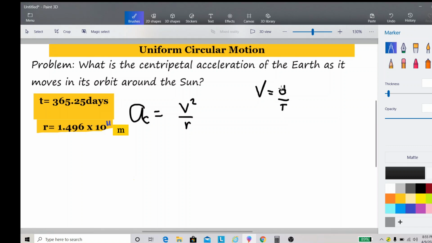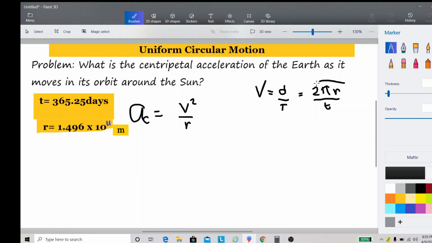Ano naman itong displacement na to? Itong displacement na to, that will be the one complete revolution. So, yung one complete revolution, just like the circumference of the circle, that will be 2 pi r, divided by t, or the time.